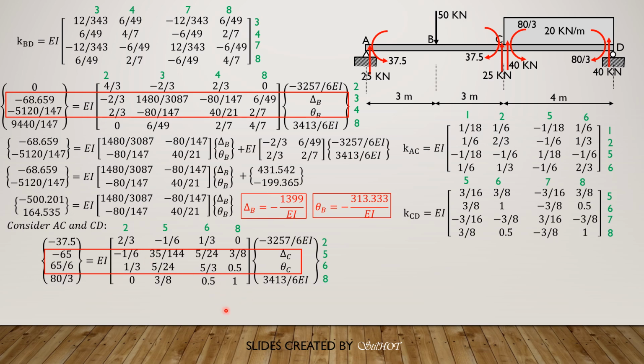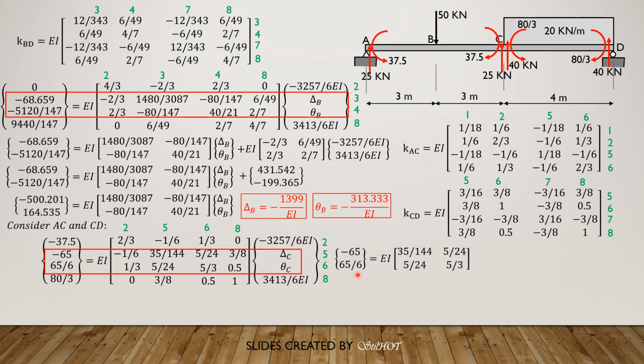We expand. Then we have negative 65, 65 over 6 equals EI times the matrix 35 over 144, 5 over 24, 5 over 24, 5/3, times delta B, theta B, plus EI times the matrix negative 1/6, 3/8, 1/3, 0.5, times these known displacements, negative 3257 over 6 EI and 3413 over 6 EI.